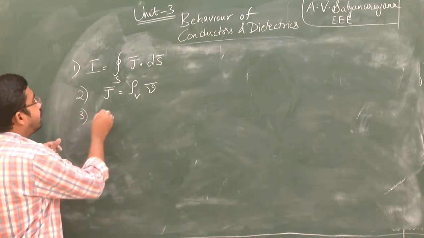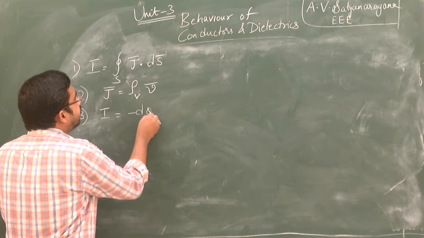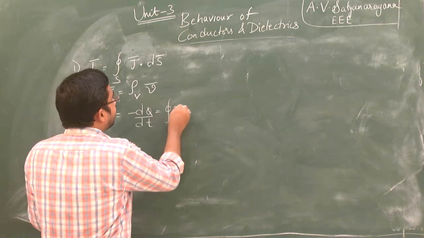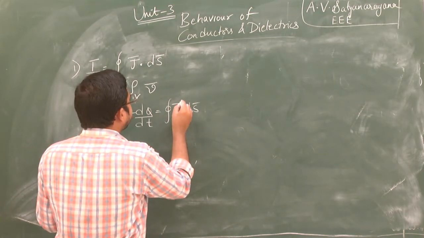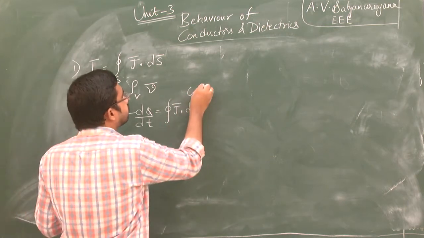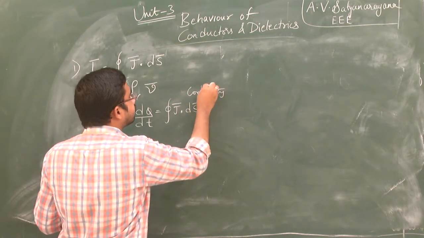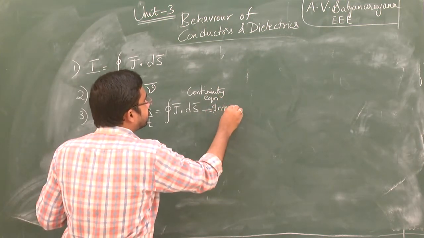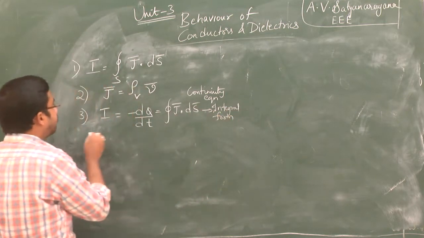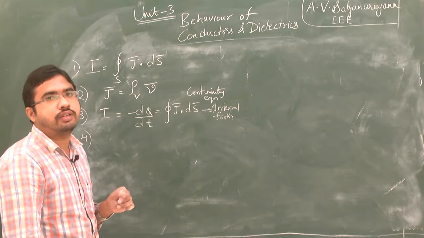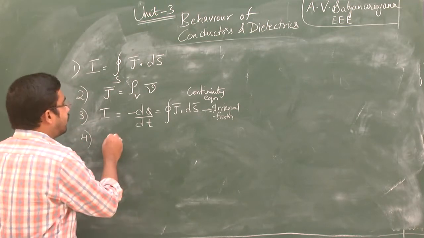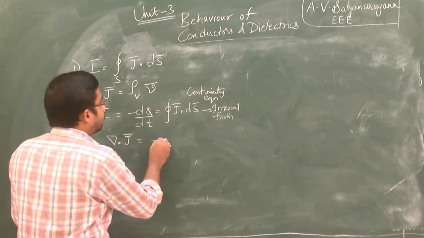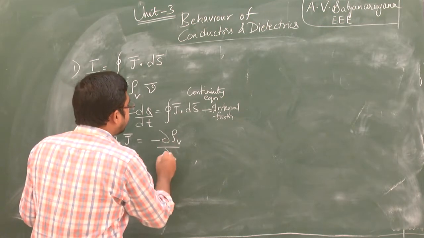Okay. Next, continuity equation is I equal to minus dq by dt, that is equal to integral form, that is J bar dot ds bar. This is the continuity equation in integral form, and we also derived continuity equation in point form, that is del dot J bar is equal to minus dou rho v by dou t.